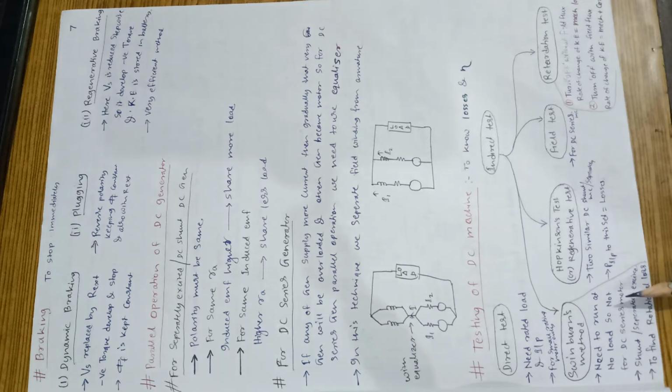So it is not for the DC series motor. We know that we cannot run a DC series motor at no load, so we cannot apply the Swinburne method on a DC series motor. We can apply it only on shunt and separately excited machines. This is used to find rotational loss.